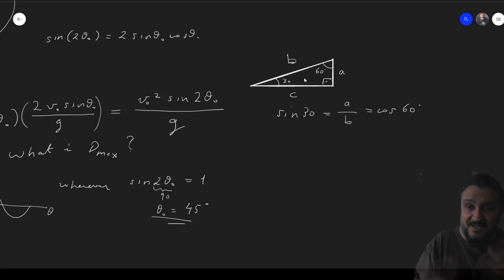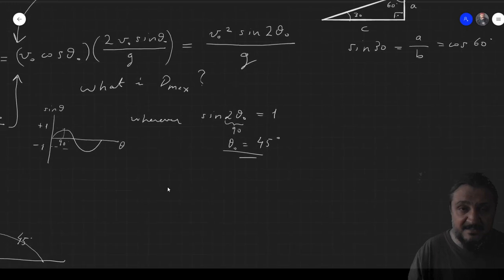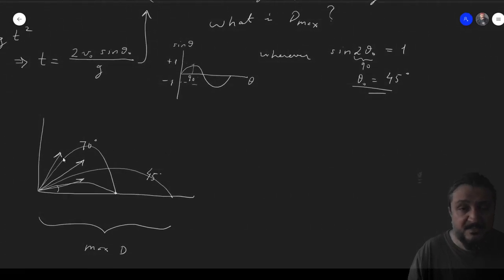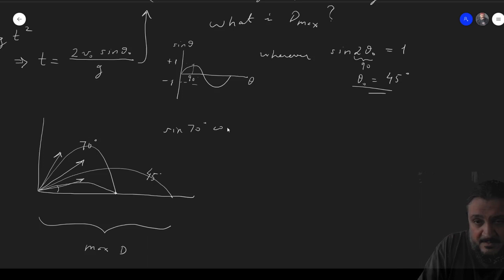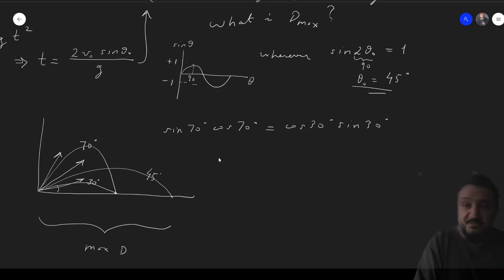You can apply this to any angle and its complementary angle, which means that, for instance, sine 70 times cosine 70 is equal to cosine 30 times sine 30. So here's that angle, 30, which will give you the same range.